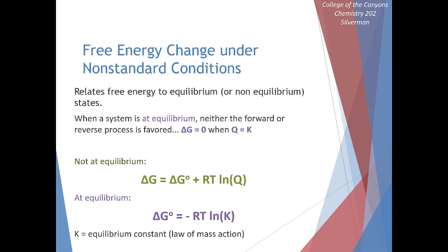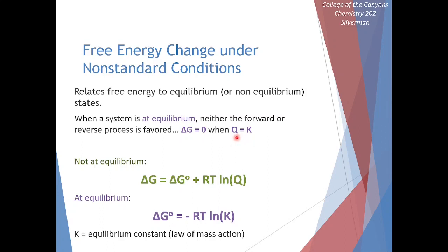Because this new equation invokes the reaction quotient, we can relate our Gibbs free energy to equilibrium. If our system is at equilibrium, then our reaction quotient has to be exactly equal to the equilibrium constant.